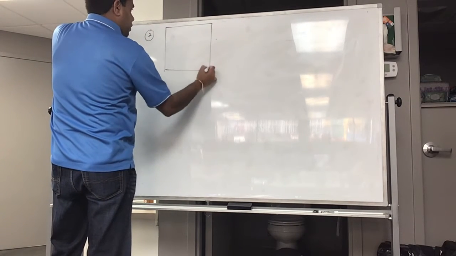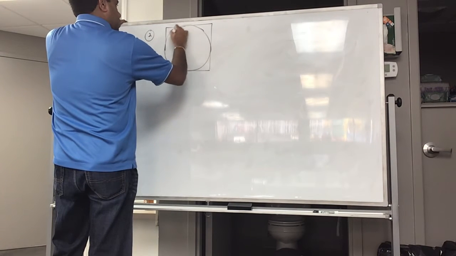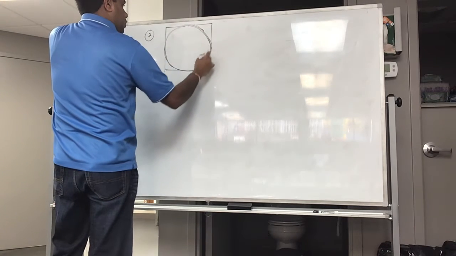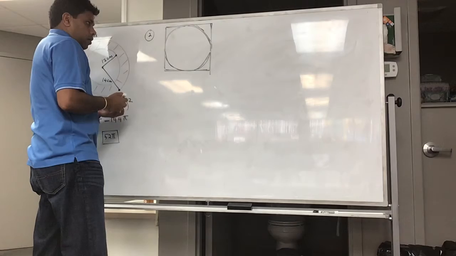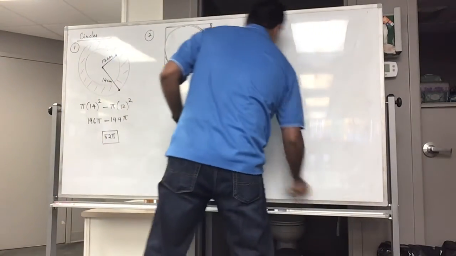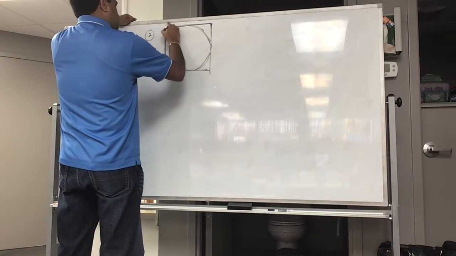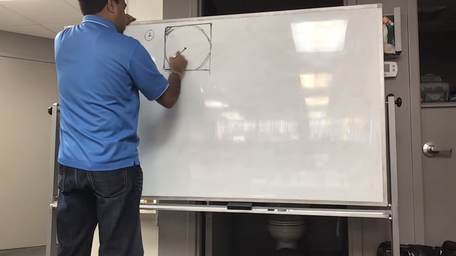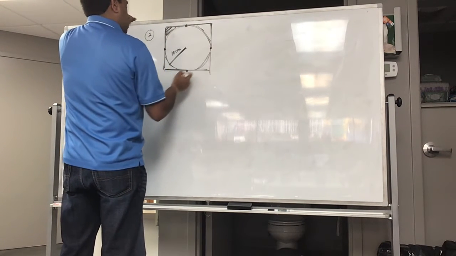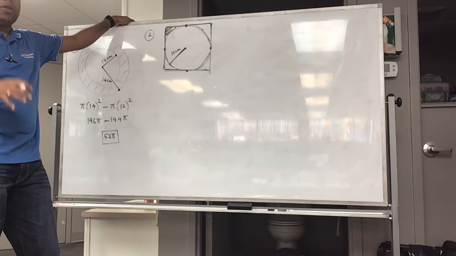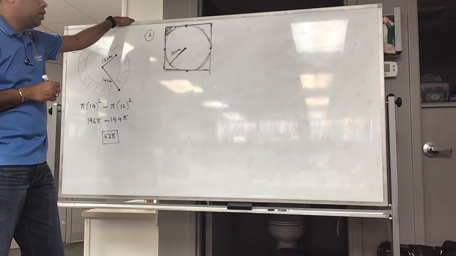Let me first draw this, then you guys can write this out. So, we have a circle inscribed in a square with the radius 10 centimeters as shown.